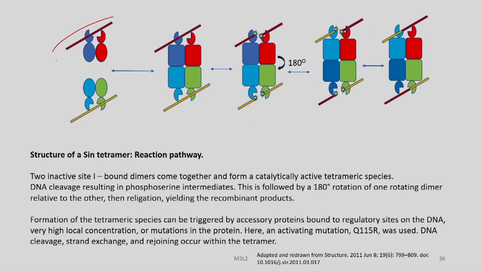So, this is one DNA molecule denoted by one color, this is another DNA molecule denoted by another color, and here you can get a recombinant product as denoted by the presence of both the colored fragments of DNA in both the products.